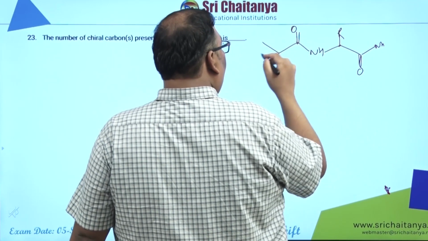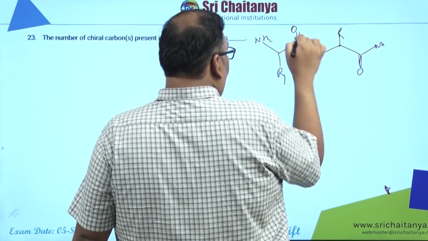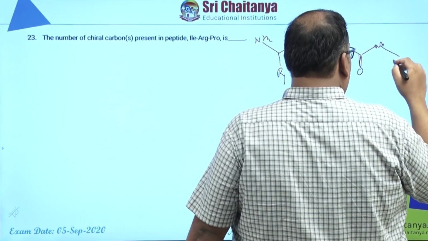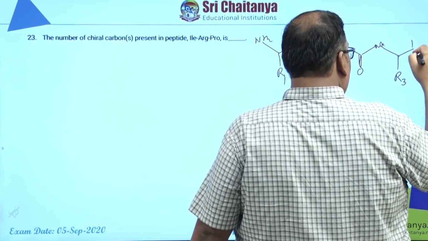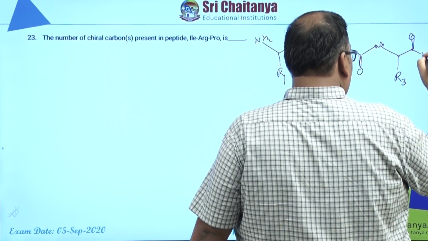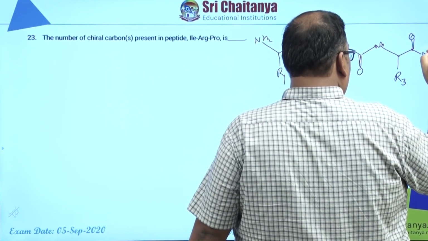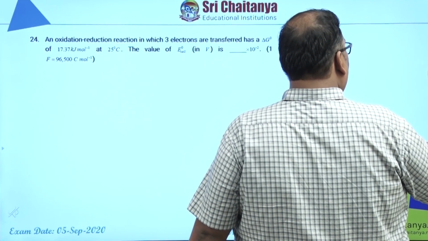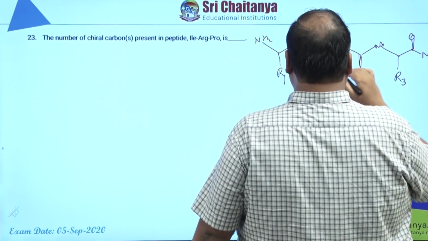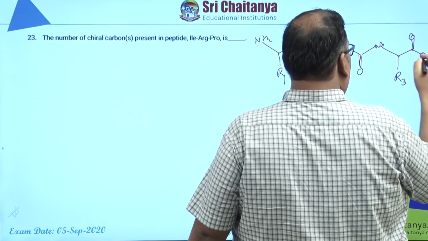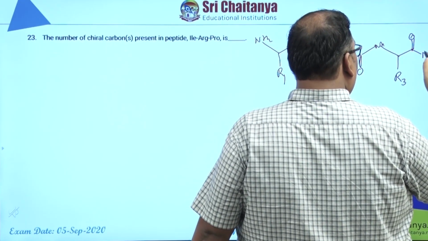On this side it will be NH2, the N terminal, and on the other side this will be COOH, the C terminal.